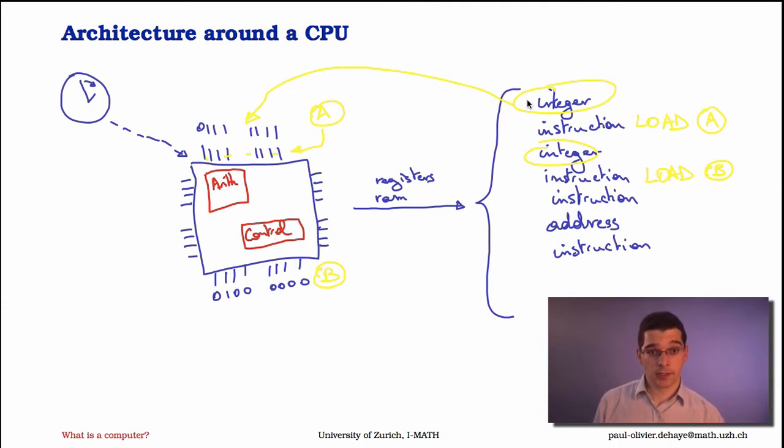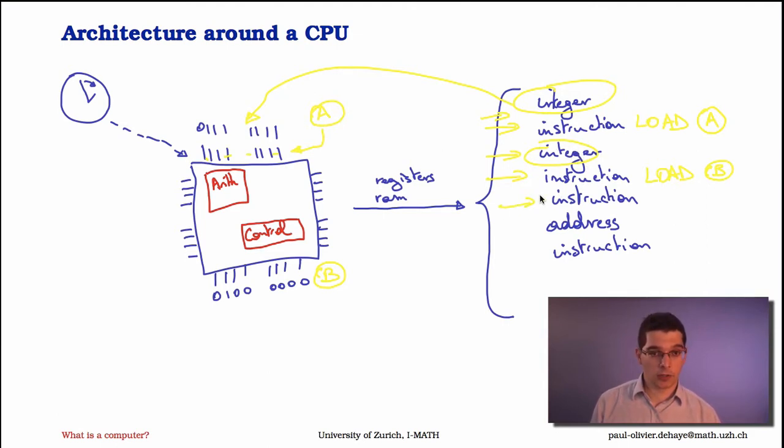The control unit will look at the integer, the instruction, the integer, the instruction, and will progress in each of those and execute the instruction associated. Each time it reads in an integer, loads it, reads in another integer, loads it.